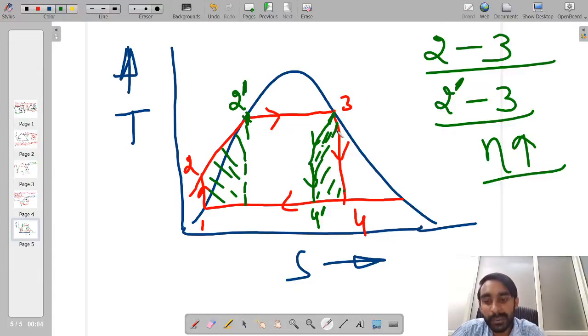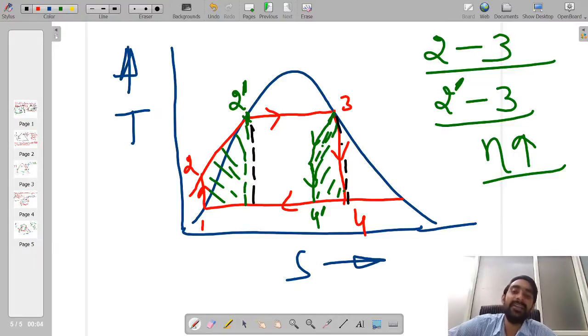So ultimately I can say that my cycle is becoming identical to that of a Carnot cycle, whatever I am drawing with the help of dotted lines. Okay, so in case of ideal regeneration, we will find that the efficiency of the cycle approaches the Carnot efficiency.